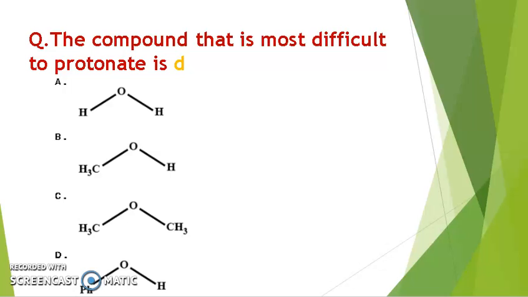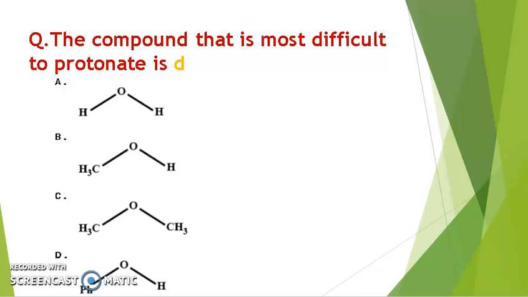So protonation takes place on the oxygen atom due to the lone pair. In H2O, protonation takes place easily as the lone pair is available for proton attack, so the proton can easily attack the oxygen because of the lone pair.